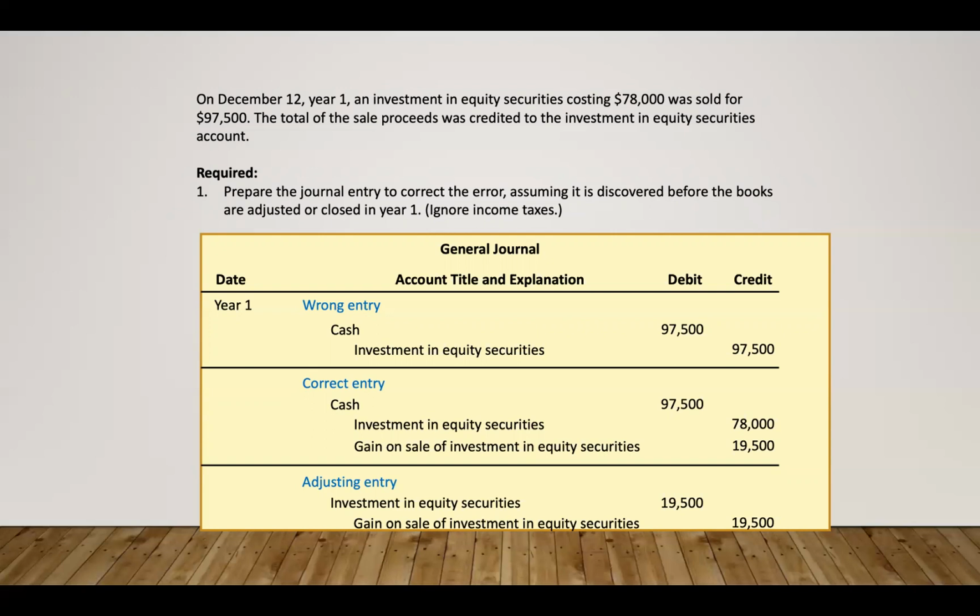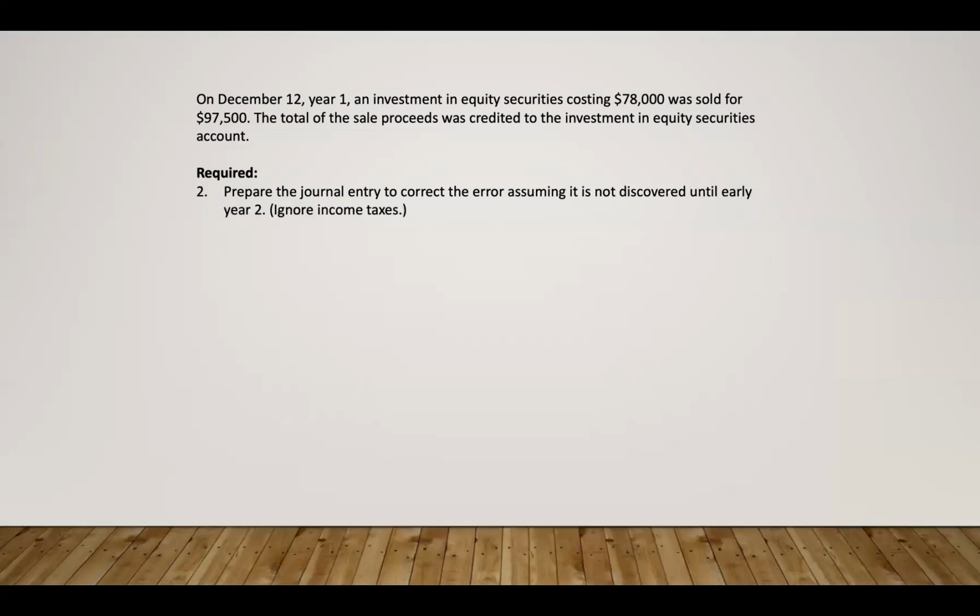When you understate the gain on sales, you understate the net income, and then you understate the retained earnings. Therefore, the cumulative impact will be understatement of investment in equity and understatement of retained earnings.